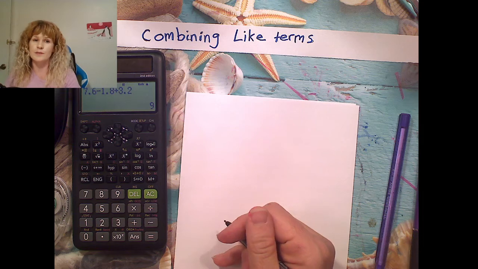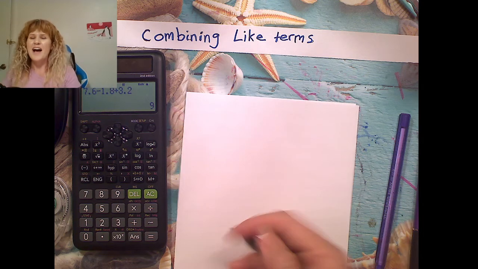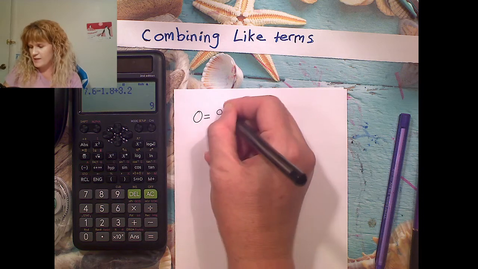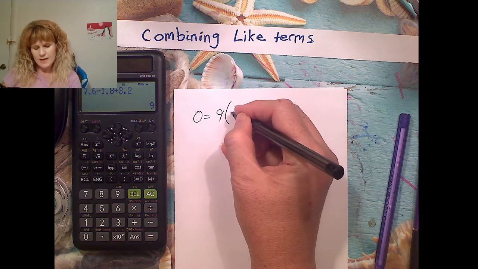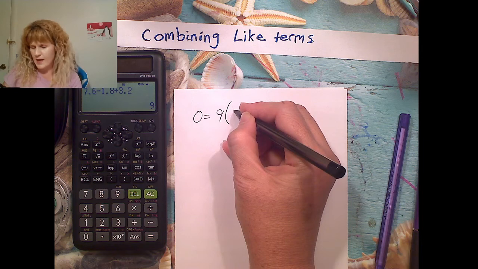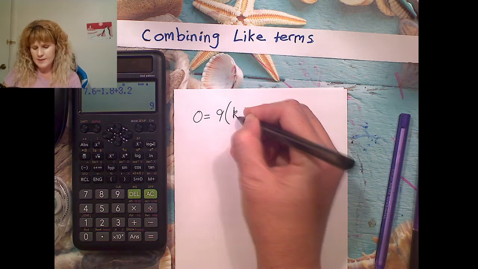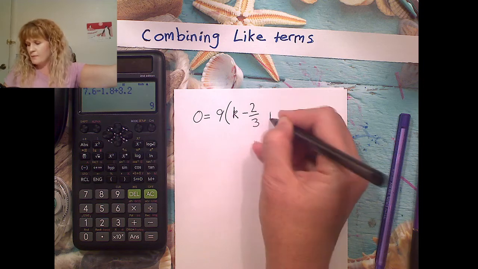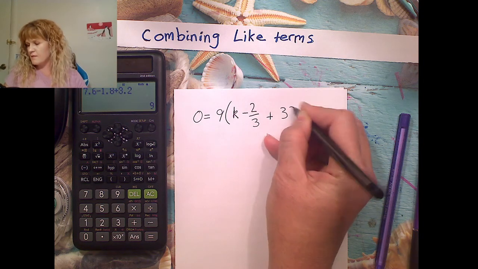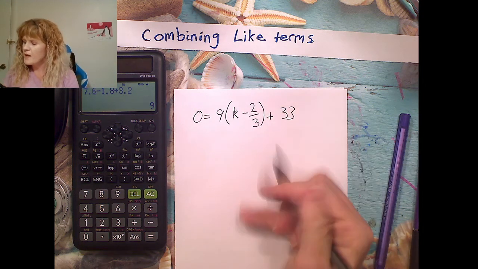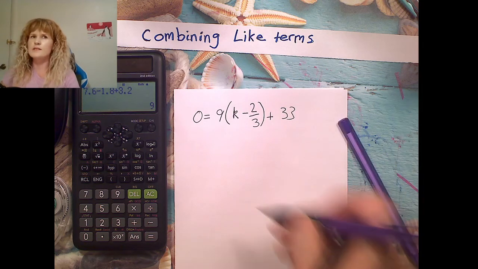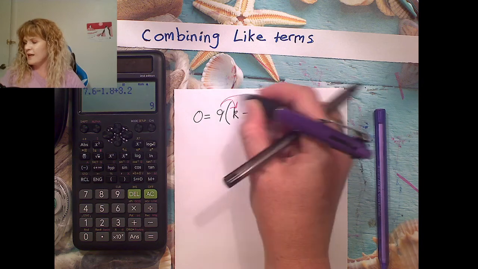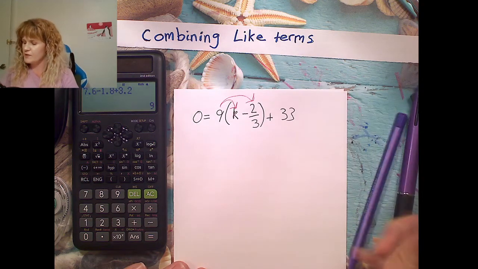Let's do a hard one. I'm going to write the expression, and then I want you to pause the video and try to solve this. It's 0 equals 9 times (k minus 2 over 3) plus 33. First thing we need to do is the distributive property. 9 times k and 9 times negative 2 over 3.